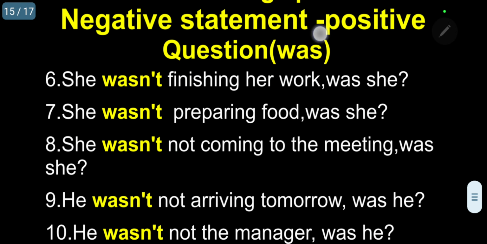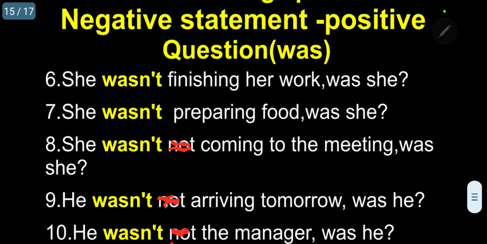5 more. She wasn't finishing her work. Was she? She wasn't preparing food. Was she? She wasn't coming to the meeting. Was she? He wasn't... Please, this is wrong.